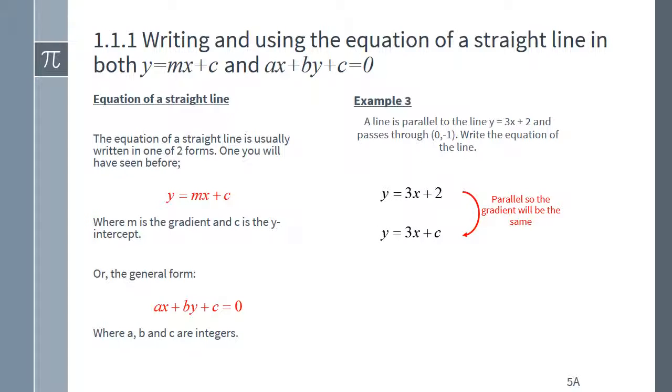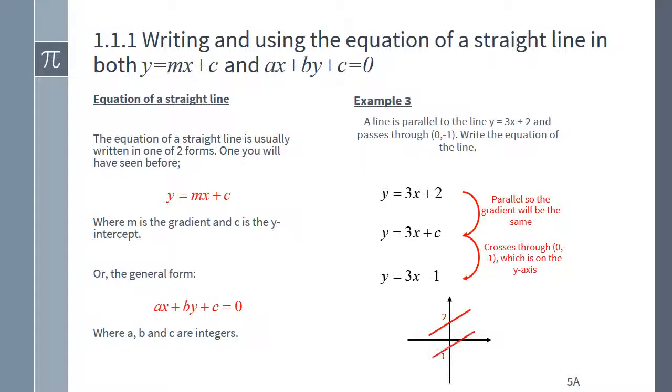So the parallel line will be y equals 3x plus something, 3x plus c. That c is the y-intercept. The y-intercept of our new line is 0, minus 1. So therefore y equals 3x minus 1 is the line which is parallel to y equals 3x plus 2 and goes through the point 0, minus 1.